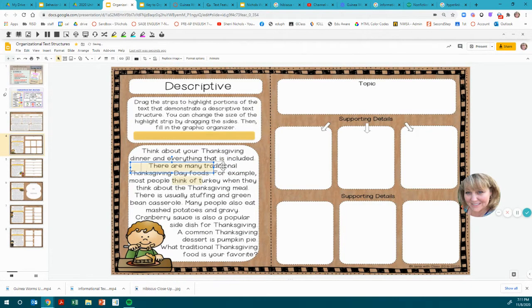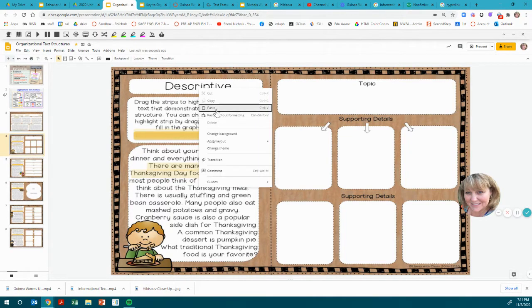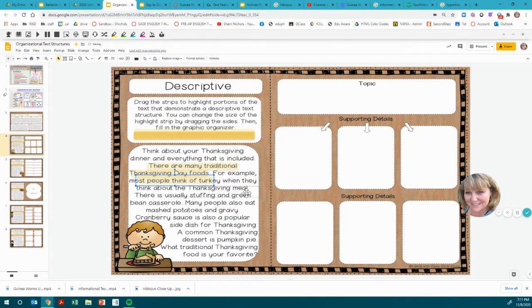And then we start thinking about, okay, so we have our traditional Thanksgiving Day foods. And of course, there are foods like turkey. And then we start looking for our descriptive words. So if we bring this down, copy, paste. Green bean. So we have stuffing.